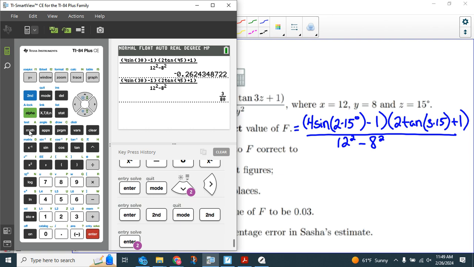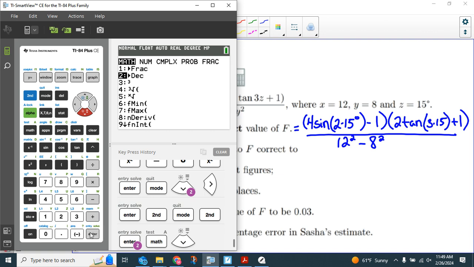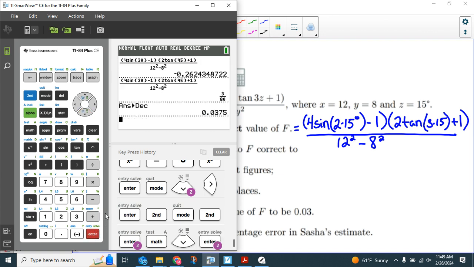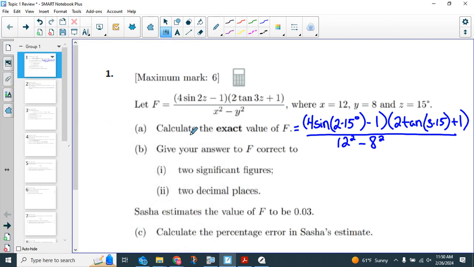But if you want it as a decimal, just do math, the little arrow to DEC. So we get 0.0375. Is that 3 over 80? Yep.